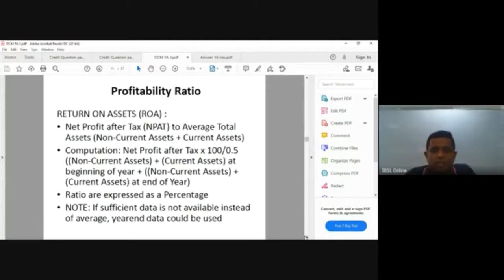Here in this ratio, as I mentioned last week, if you take a bank, the ROE is around 1 to 2%. ROA is around 1 to 2% because even though they have huge assets, their profit figure is very low compared to assets, right? Even a small-scale bank may have 300 billion in total assets.